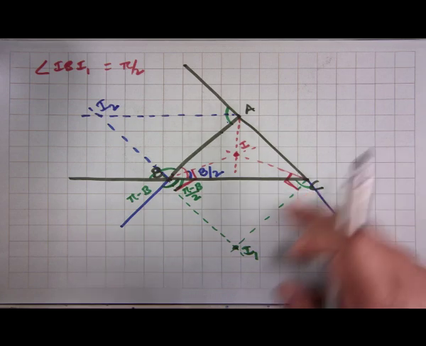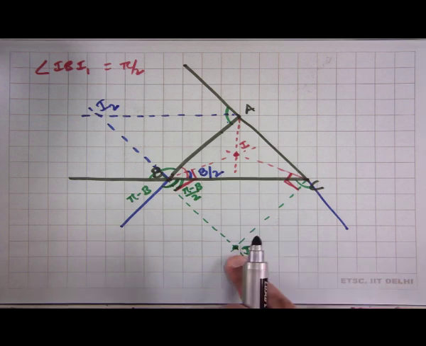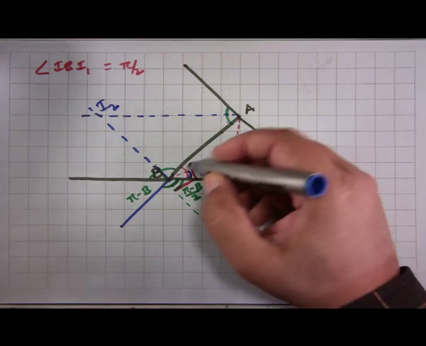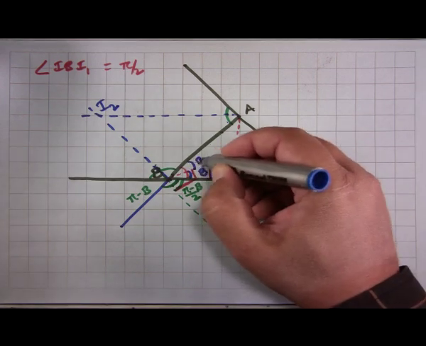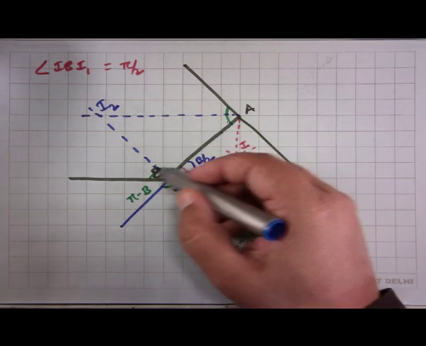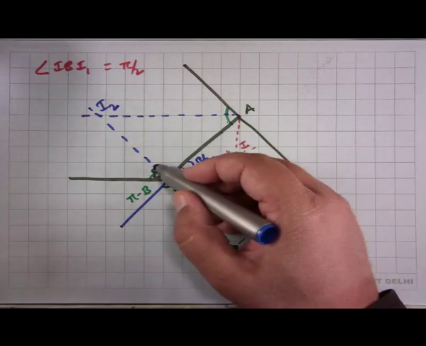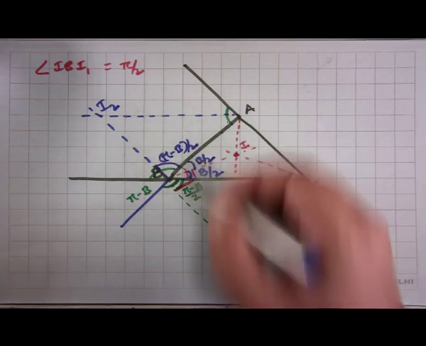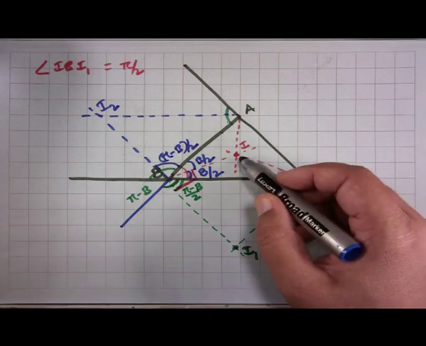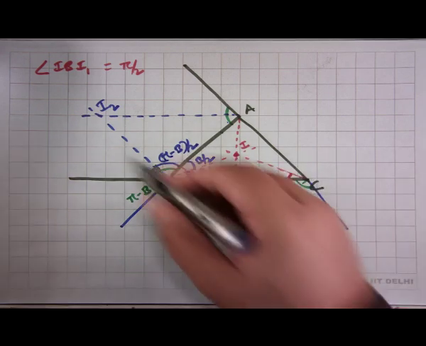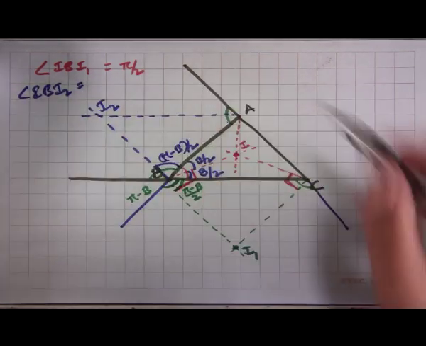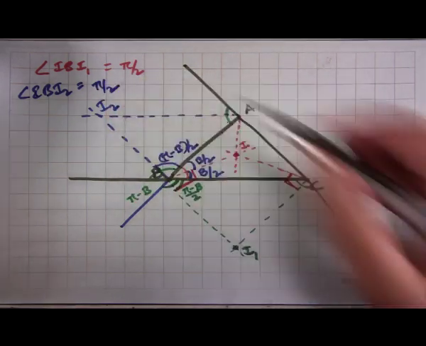And just as we had shown for I1, we can also show that, because if we see here, this angle is b by 2 and this angle is also pi minus b, and therefore, this angle is pi minus b over 2, and from there it again follows that the angle I b I2 is also equal to 90 degrees.